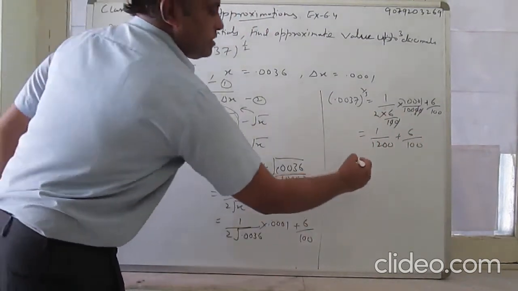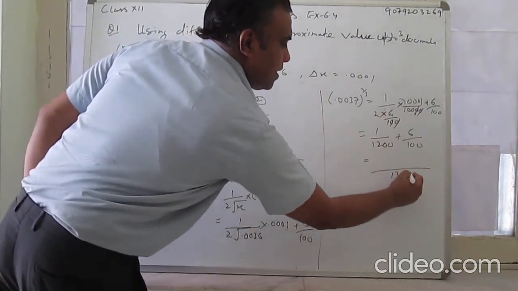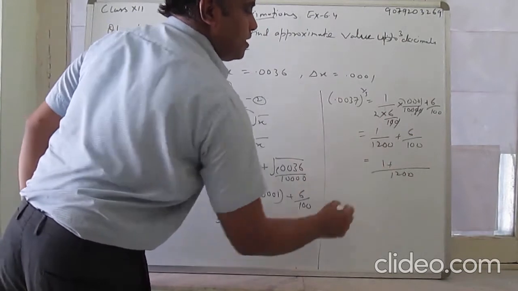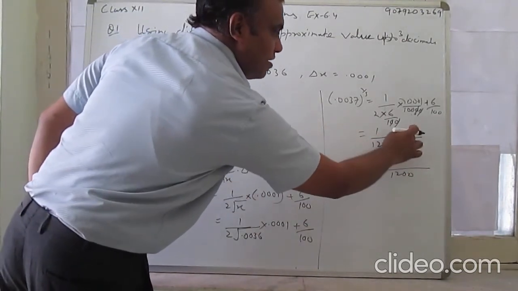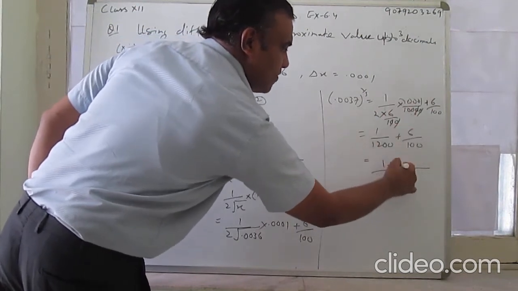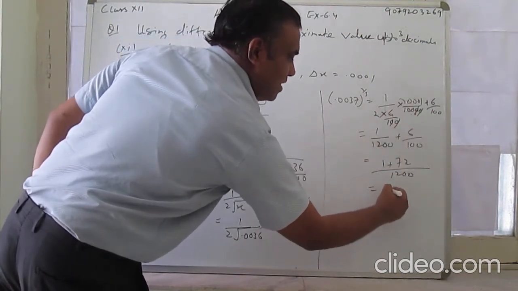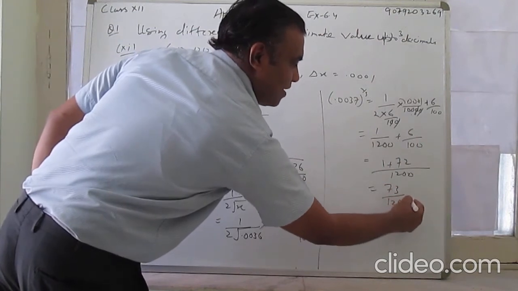Now you will take the LCM, 1200. So it is 1 plus 6 into 12, since 1200 divided by 100 is 12, and 12 into 6 is 72. It is 73 upon 1200.